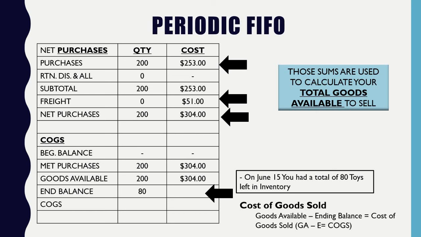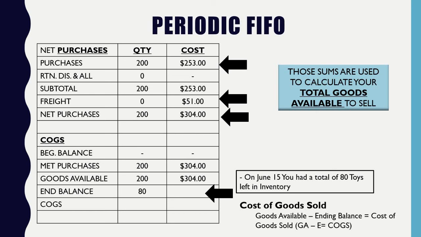The next section you're going to be looking at is cost of goods sold. We're going to be looking at beginning inventory. Did we have any beginning inventory in this problem? No, because it wasn't specified, and we just began our business in June. So we don't have any beginning inventory.